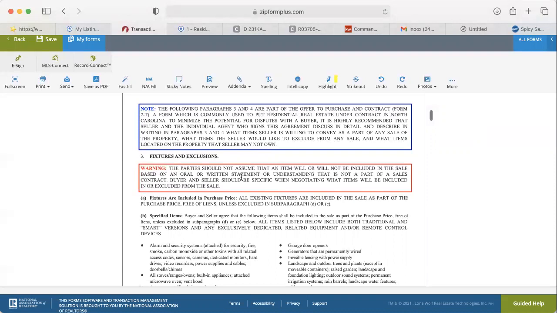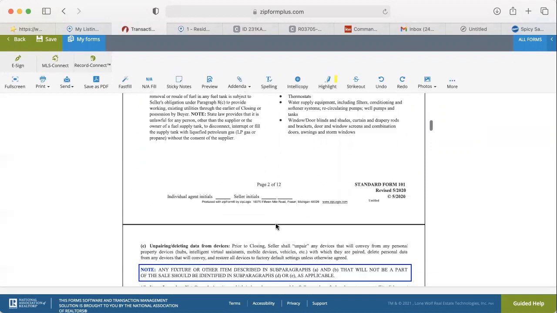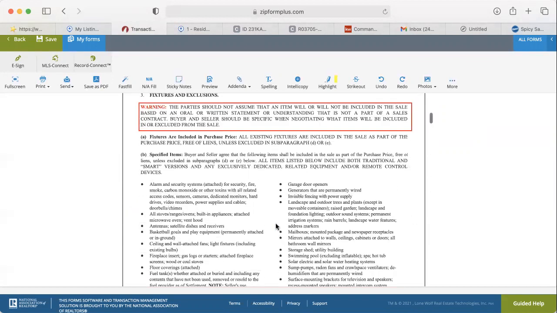So anything that's permanently attached to the house is considered a fixture and will stay unless it is listed in this section. So this goes through commonly considered fixtures that sellers may or may not think are fixtures, but it gives a good list. And I would recommend that you review this with them.